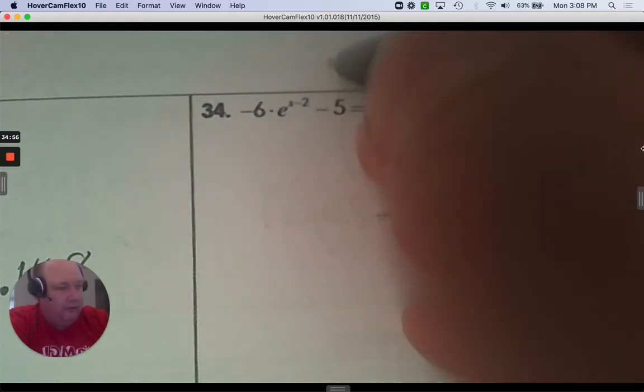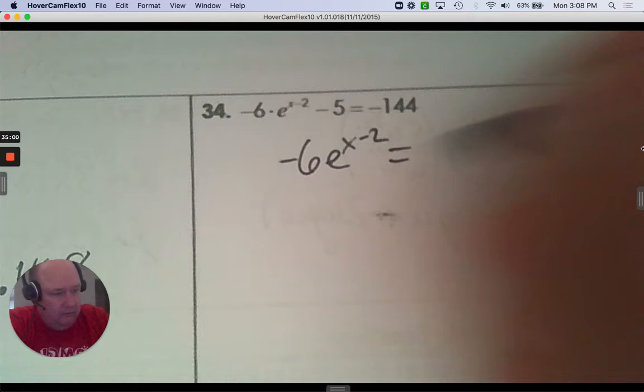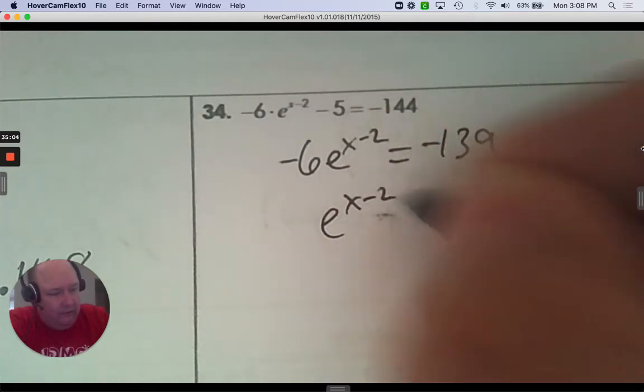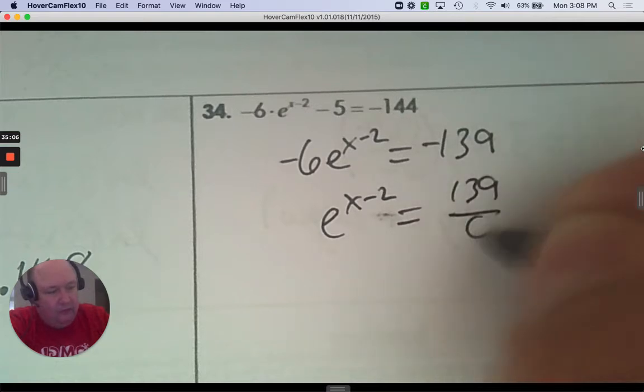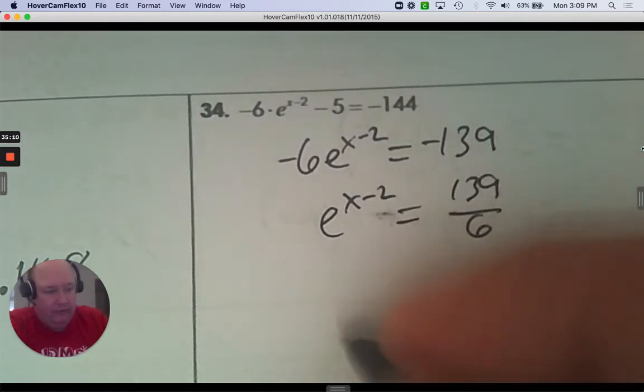Solve this. We're going to add 5. We're going to divide by negative 6. That makes this fraction positive because the negative divided by a negative is positive. 6 does not go into it evenly.